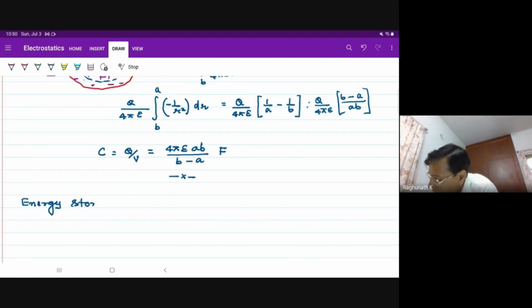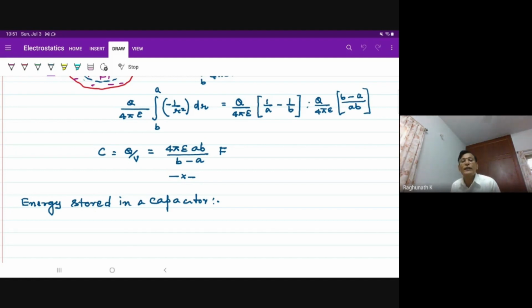Energy stored in a capacitor. When a capacitor is charged, in the sense, initially when we take a capacitor, there will be no charge on the plates.